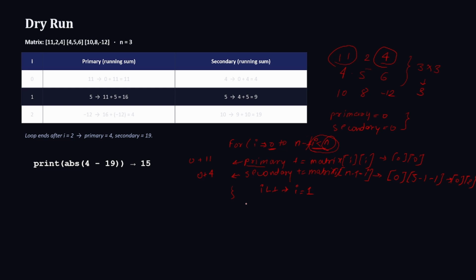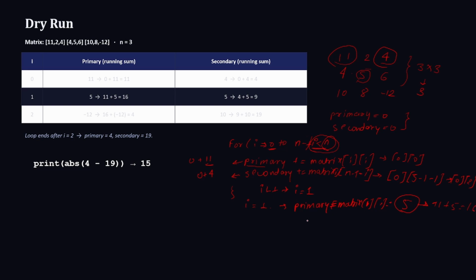Now i is 1. So the primary diagonal is matrix[1][1], which accesses element 5. Primary is already 11, and matrix[1][1] is 5, so it is added into primary: 11 plus 5 is 16.